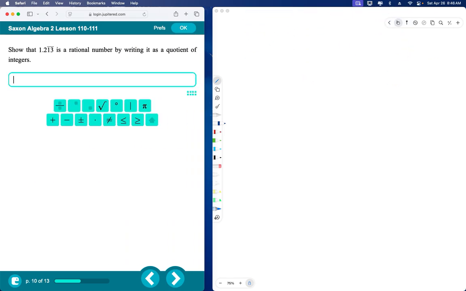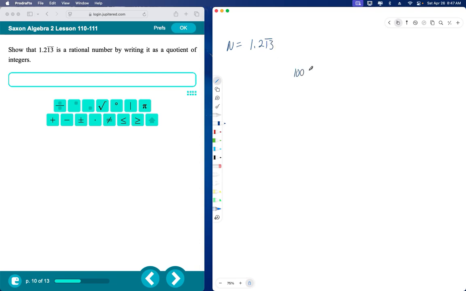Okay, so we're done with the lesson problems. Now we're back to the previous lesson that we did on Thursday with the rational numbers. I think that's like lesson 107. So we've got a number here, 1.213, with 2 repeating digits. That is the number. We're going to multiply that by 100 because 100 has 2 zeros in it.